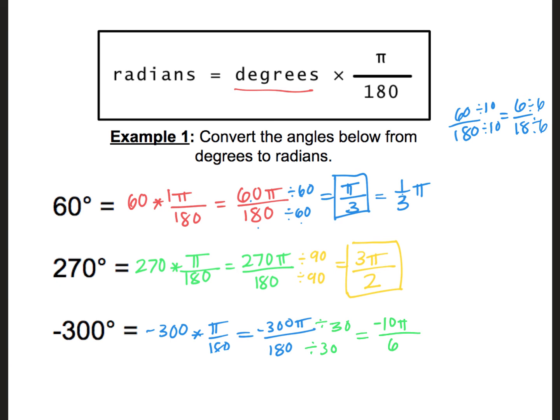So then I want to say, okay, can I divide negative 10 and 6 by a number? Well, I know I can divide those both by 2. So if I divide by 2, I divide by 2, we get negative 5 pi over 3. 6 divided by 2 gives you 3. All right. So my final answer would be negative 5 pi over 3.